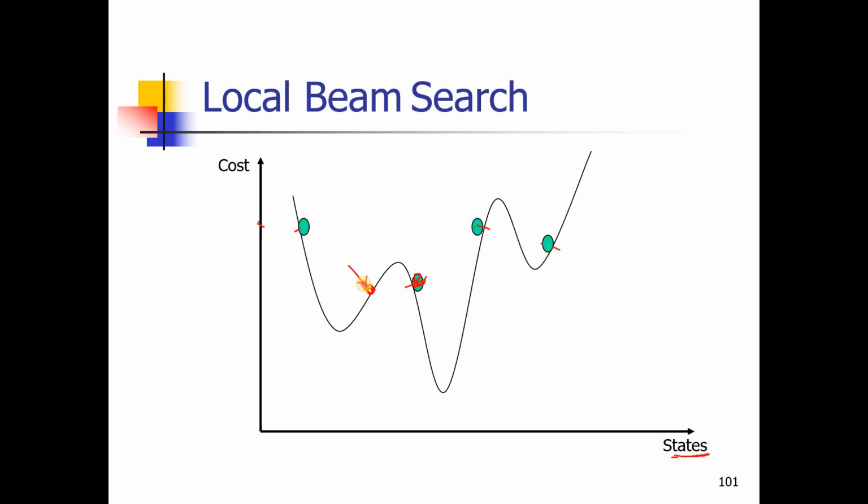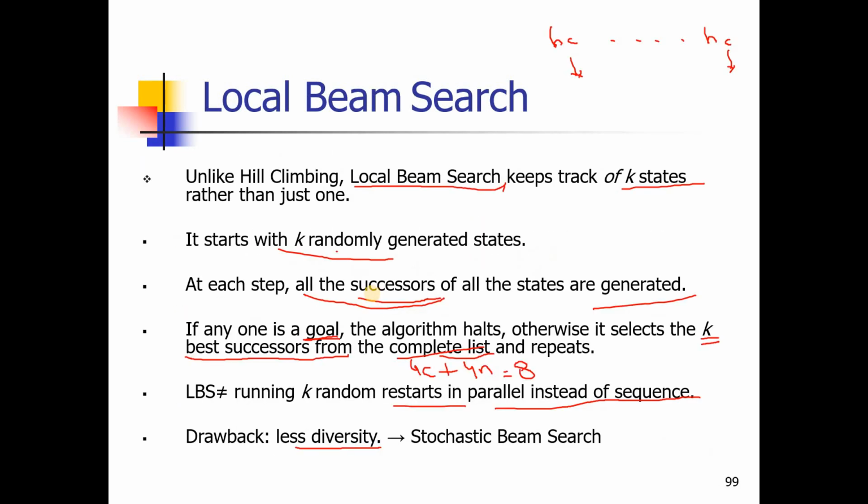There is less diversity, less difference. All of them will start converging on this point, which is not a good point. So what you can do, just like we did in hill climbing where we introduced stochastic hill climbing, is introduce stochastic beam search, where you add a little bit of randomness in the selection of the next node. Clear?